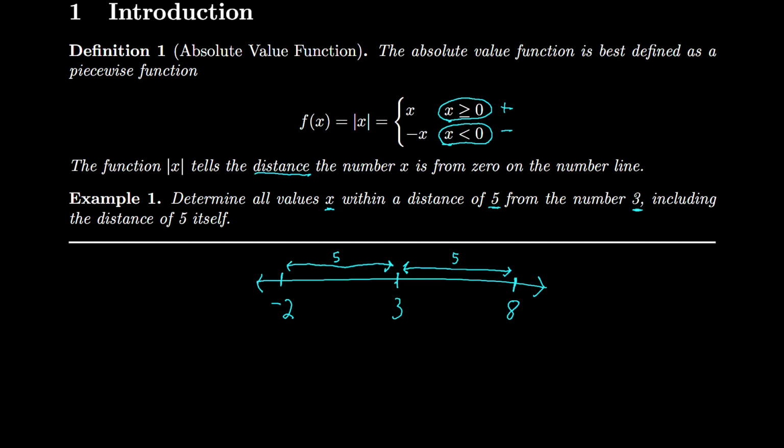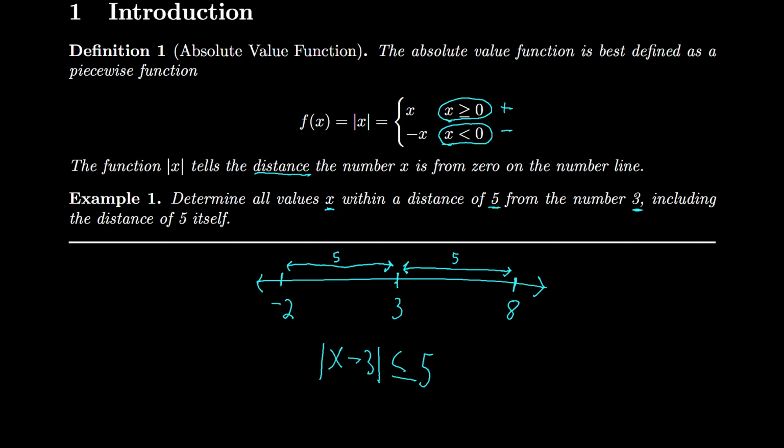This situation is going to be written as the absolute value of x minus your number that we've moved, so 3, less than or equal to 5. And this is how you're going to write this. So what this says is this is everything that is a distance 5 from the number 3. This will be very useful later on in calculus.